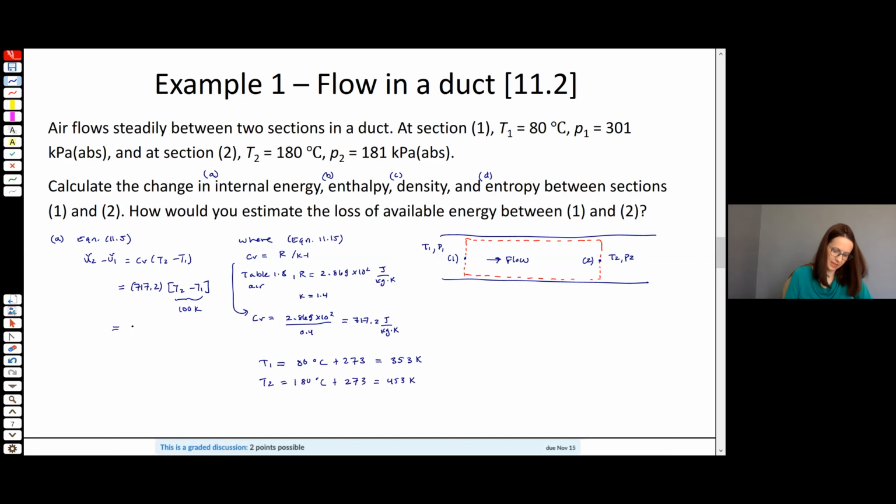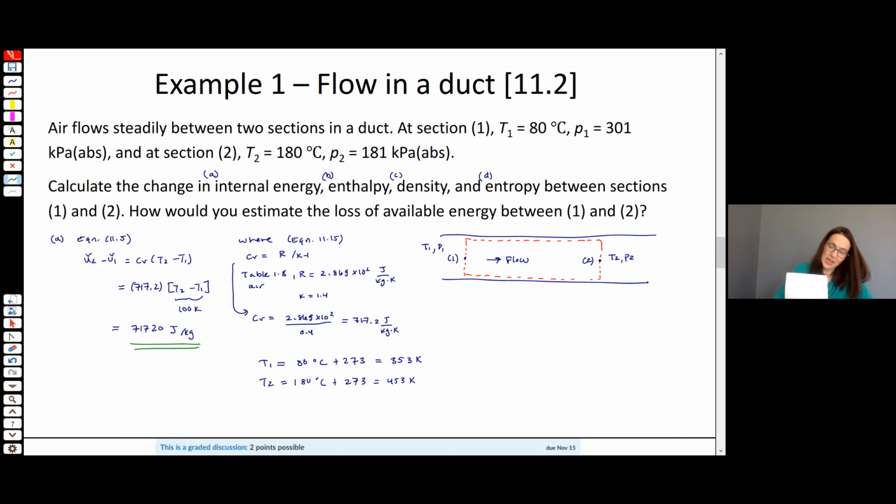So we get 71,720 joules per kilogram. So that's our difference in internal energy between state 2 and state 1, right? Here at the left of this section, control volume, and at the right. So let's think about what's happening physically here.